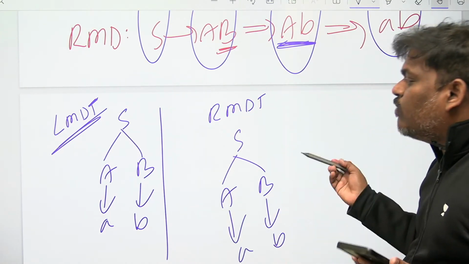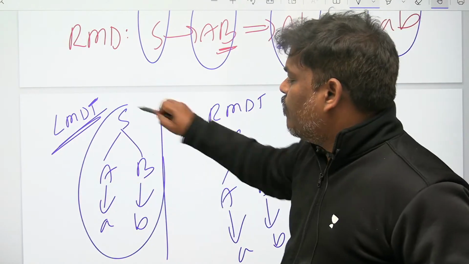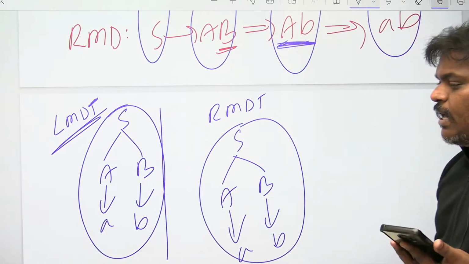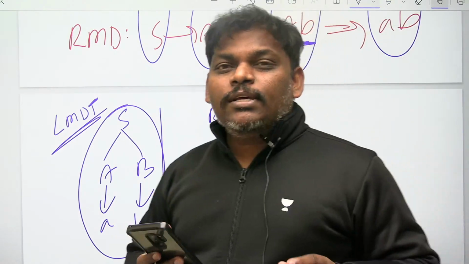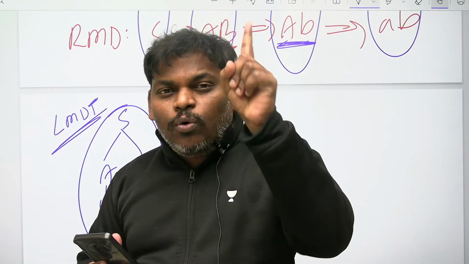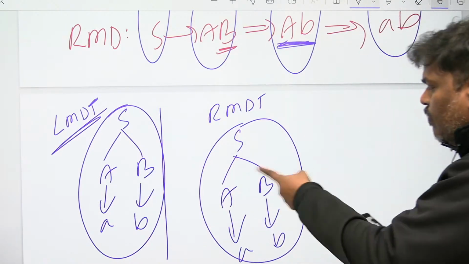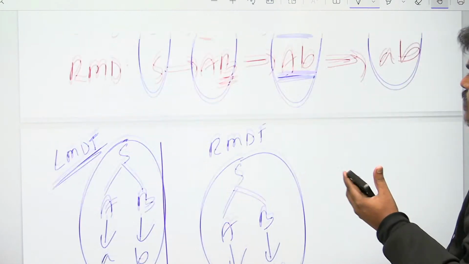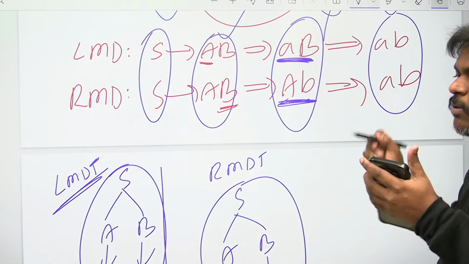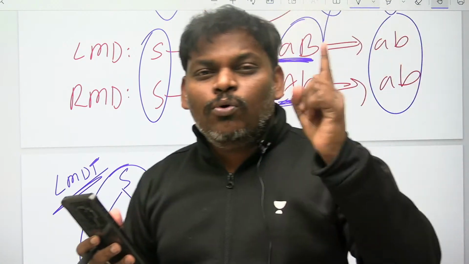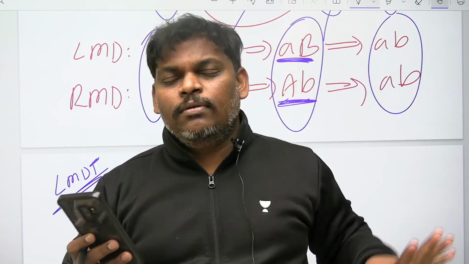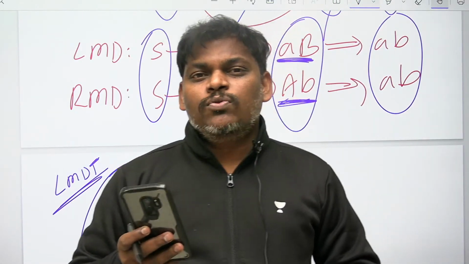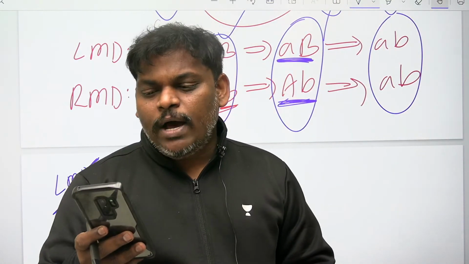At the end of the day, both trees are the same. If the grammar is unambiguous, there is only one derivation tree, but derivations need not be the same. Very few people know this, and that is the reason I framed this question.